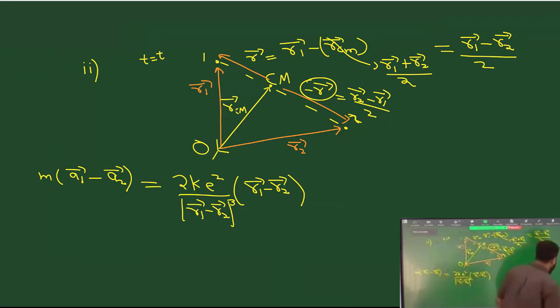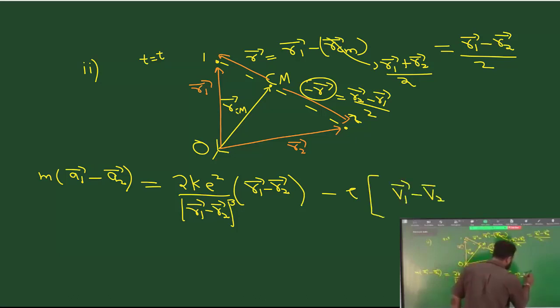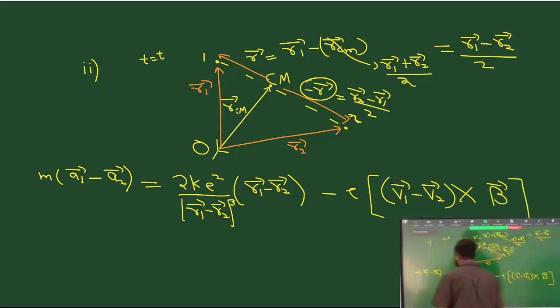When I subtracted, I got minus e times (V1 vector minus V2 vector) crossed with B. Just check this equation first before we move forward: M into (A1 minus A2) equals 2ke square upon mod (R1 minus R2) cubed times (R1 minus R2), minus this term. Everything seems to be fine here.